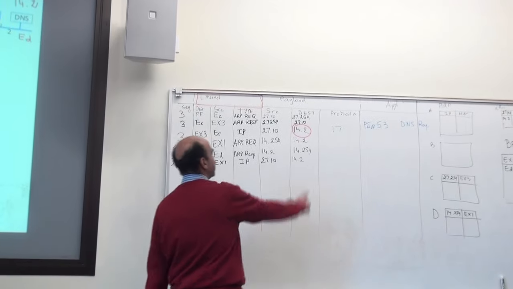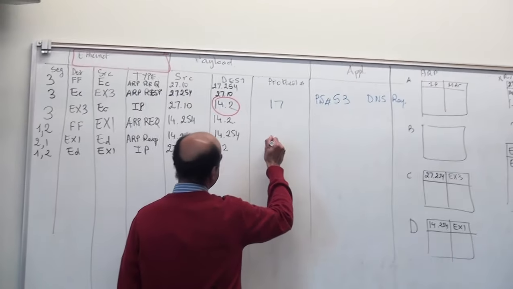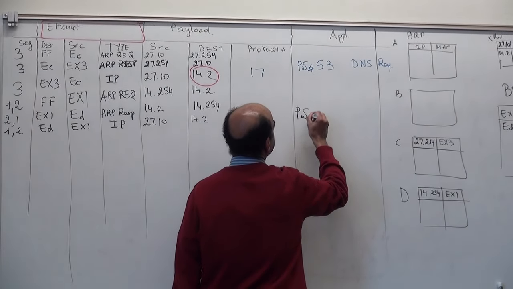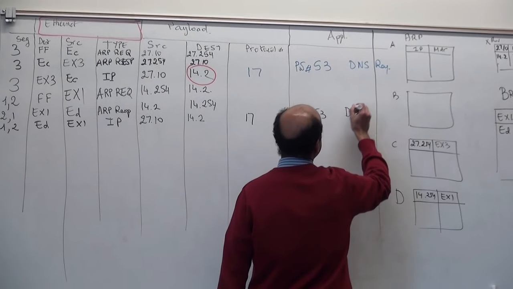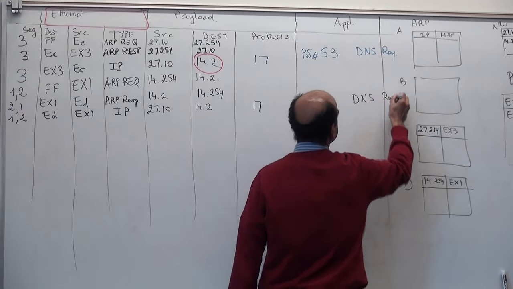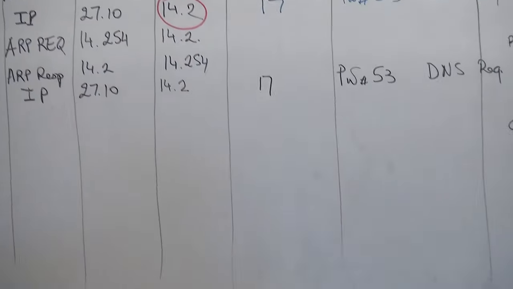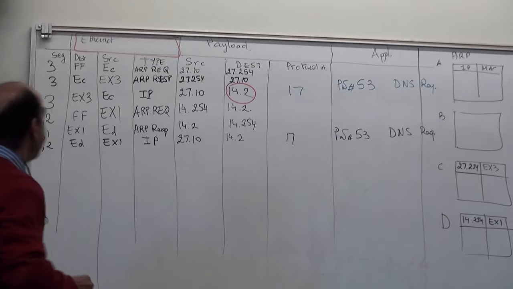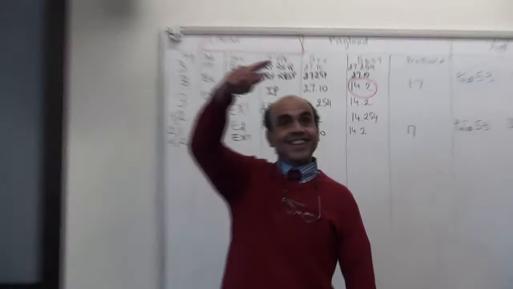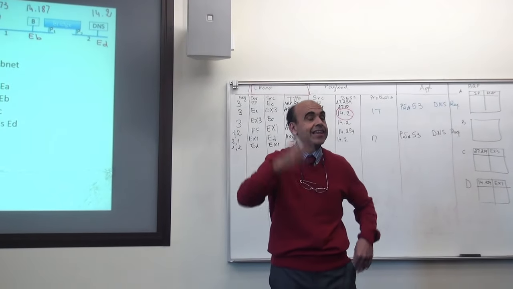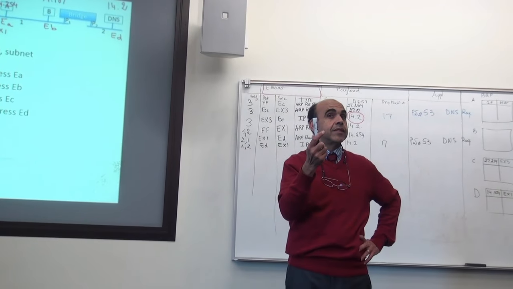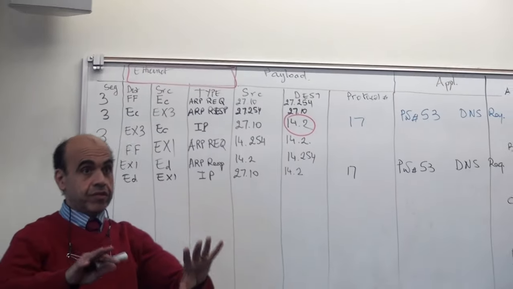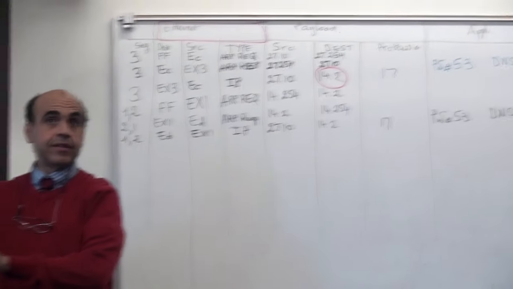So what is the protocol number? 17. It's in fact this packet that will appear. What is the port number? 53. It's our DNS request. It's still the DNS request, remember? So you have to keep track. C sent the request that reached the router, and the router tried to forward this packet.